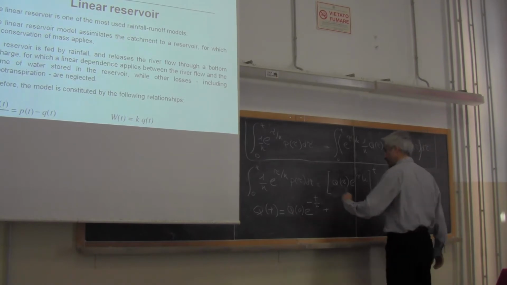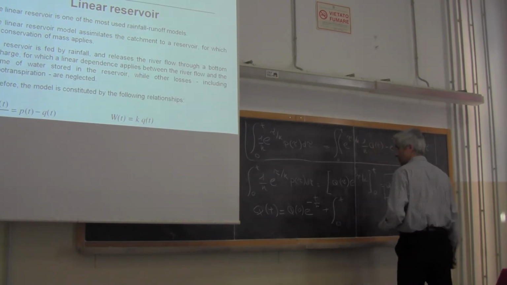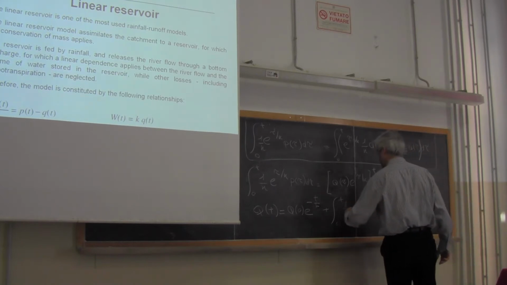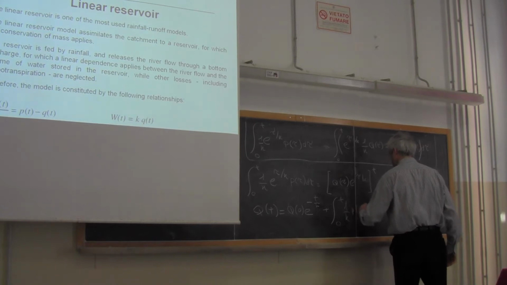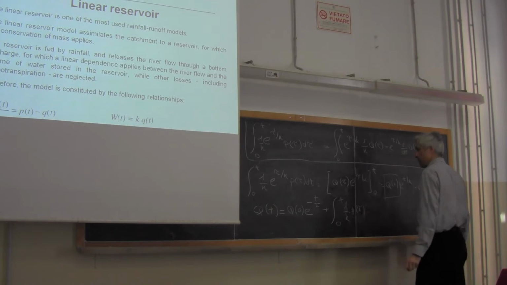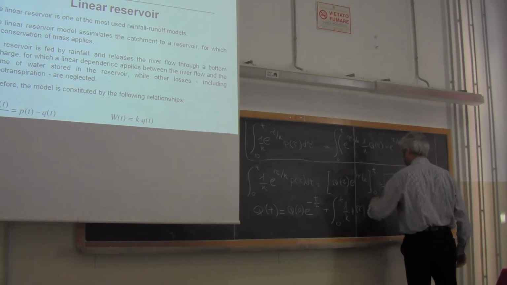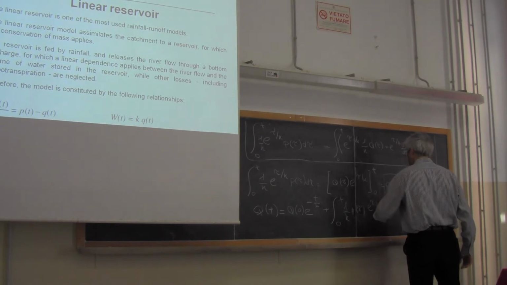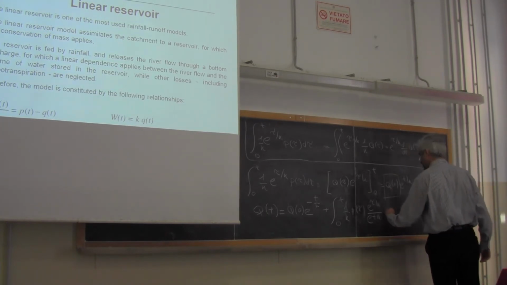So let me write the integral between 0 and tau of 1 over k, p tau, and then we have e to the power of tau over k divided by e to the power of t over k, d tau.